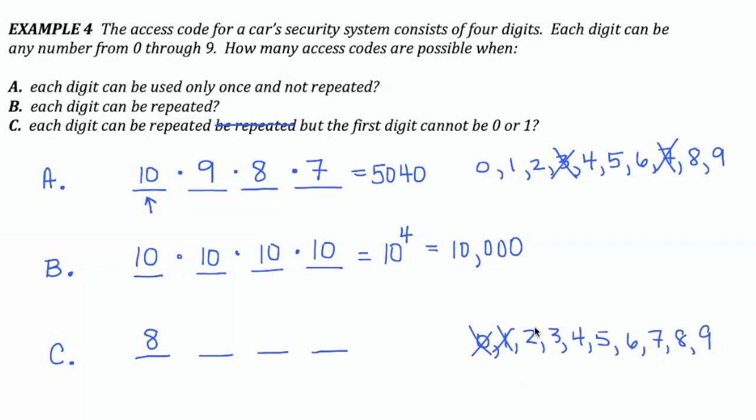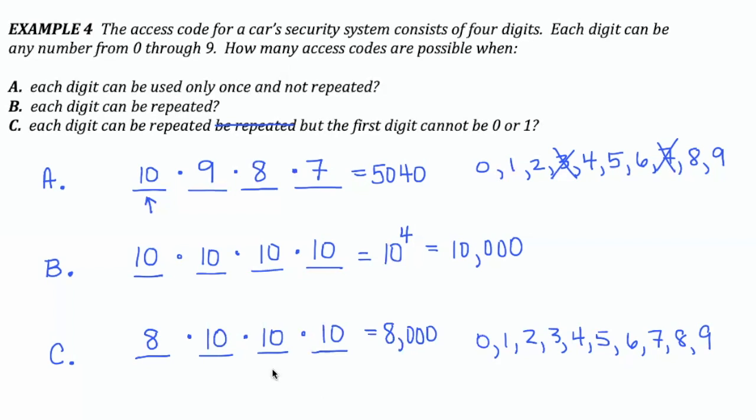So whichever of these digits I chose for my first spot, not only can I use that for my second spot, but I also now don't have that restriction about can't be 0 or 1. That only applied to the first digit. So in this situation, I would have 10 choices for my second digit, 10 choices for my third, 10 choices for my fourth. Multiply those together and you get 8,000.